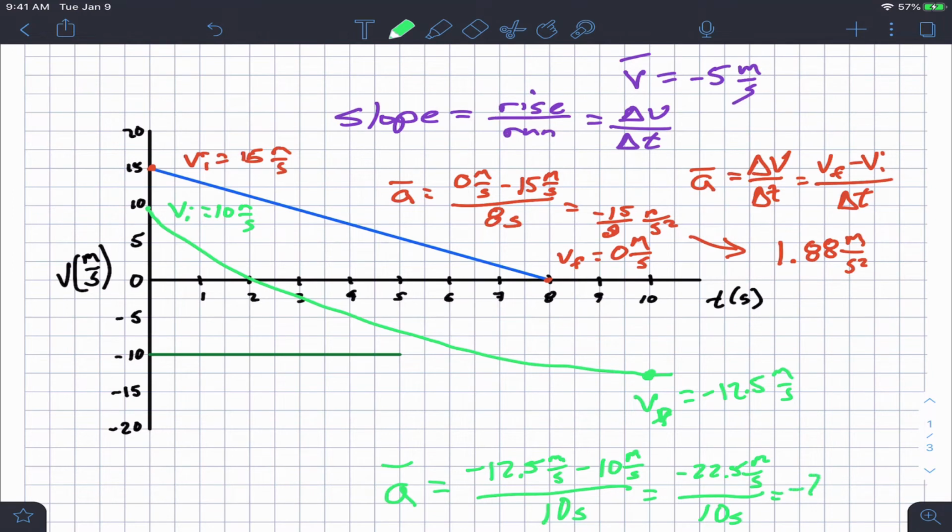So negative 2.25 meters per second squared. That could also be found if we just drew a dashed line right there. That's the average slope, or it's also the tangent at some point.